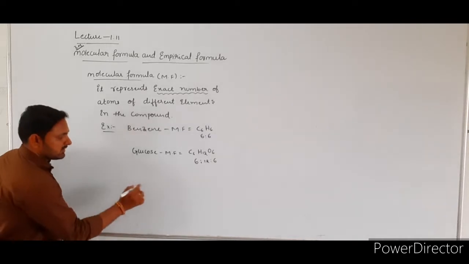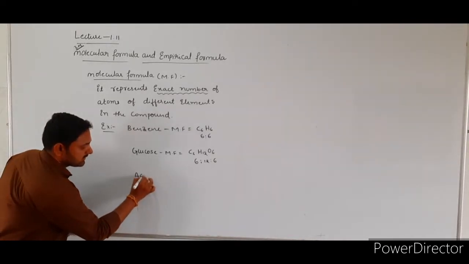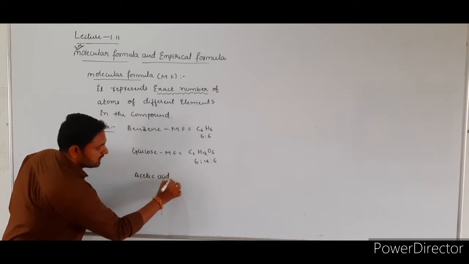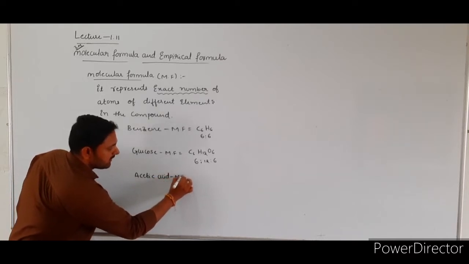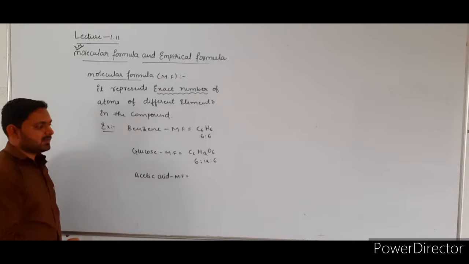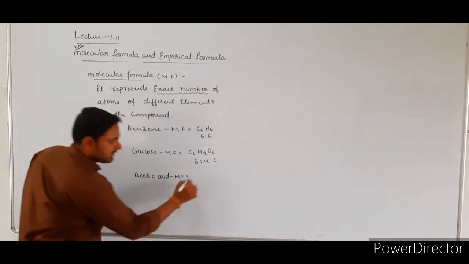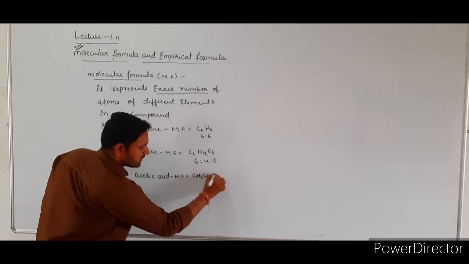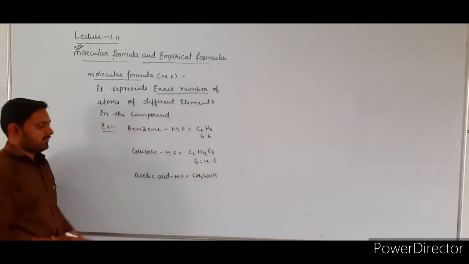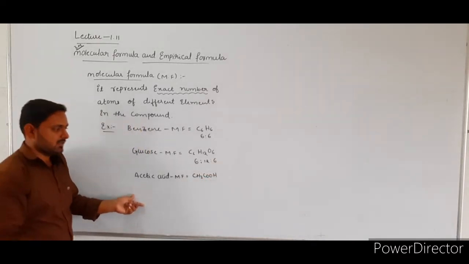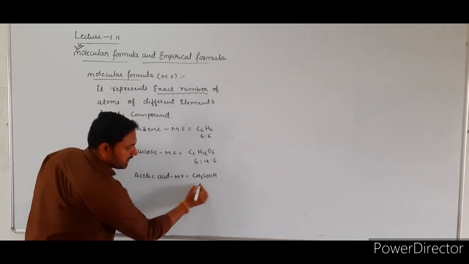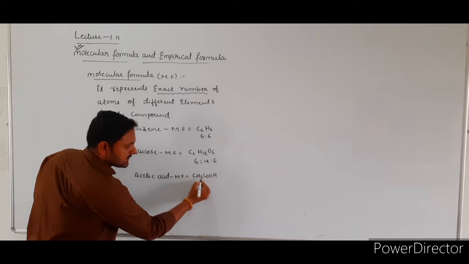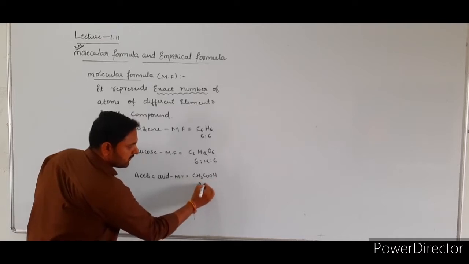Next, one more example, acetic acid. What is the molecular formula of acetic acid? CH3COOH. See here also, how many carbon atoms are there? 2. How many hydrogen atoms? 4.